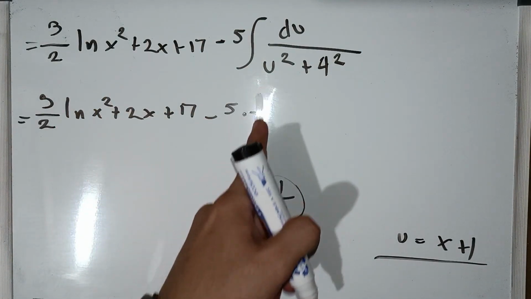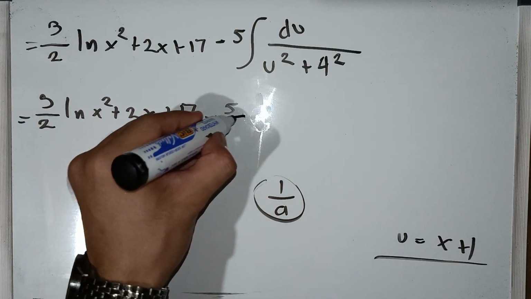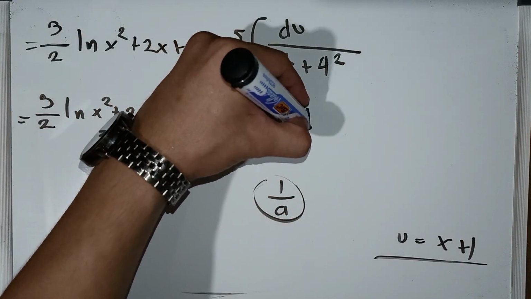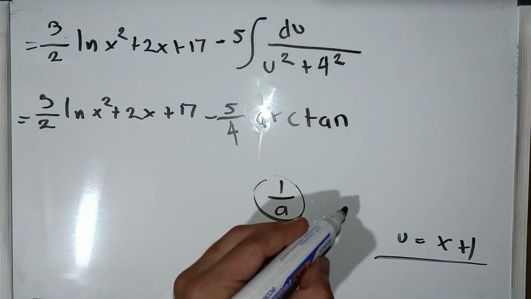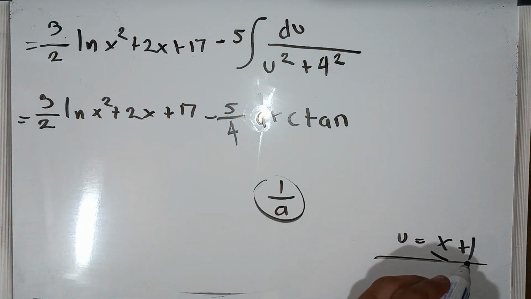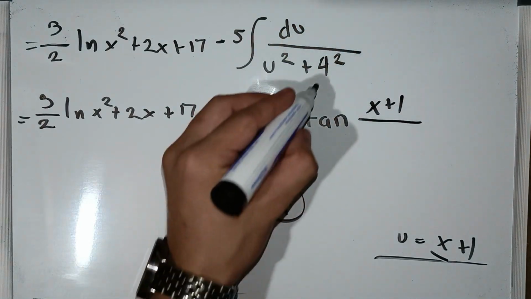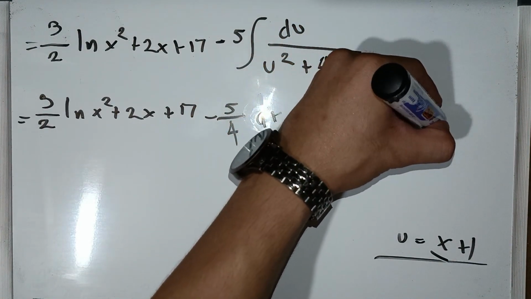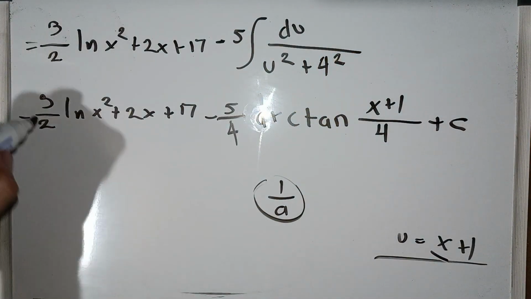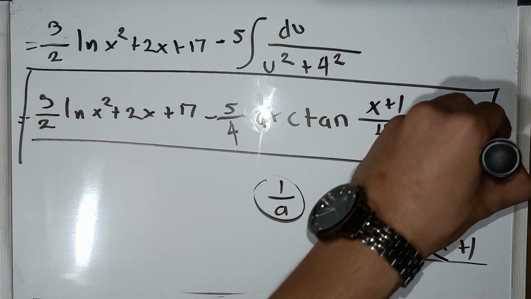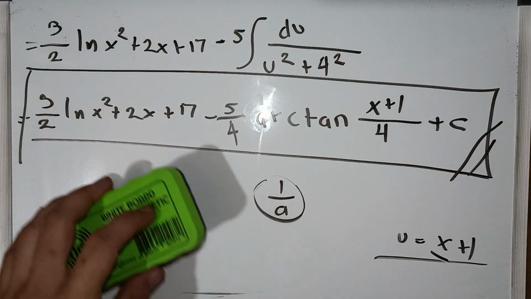So we can multiply: 5 over 4 arctan of our u, which is equal to x plus 1, all over our a, which is 4, plus c. So this is now the integral that we have after we integrate the problem.